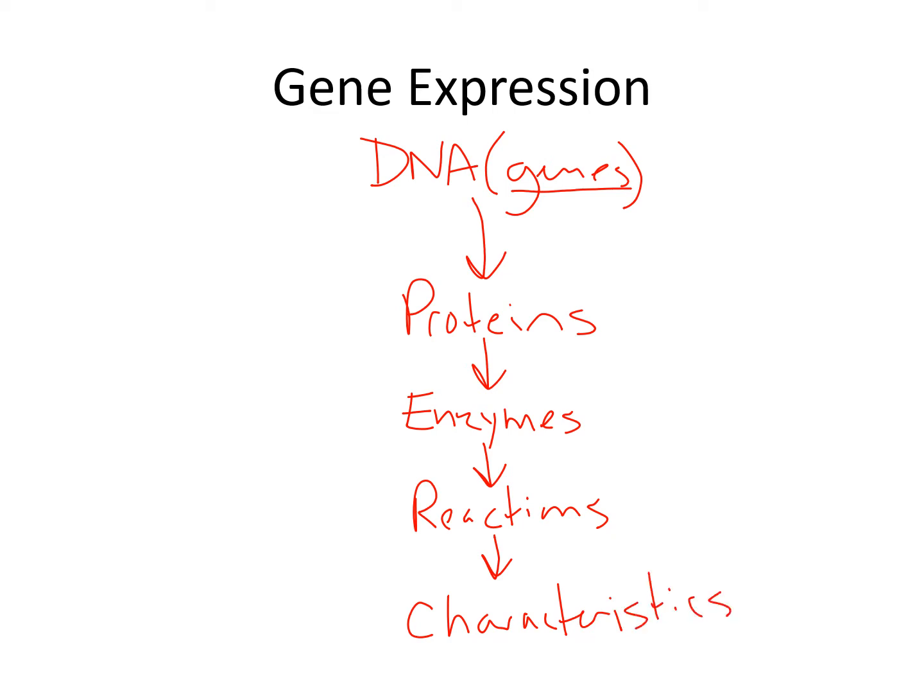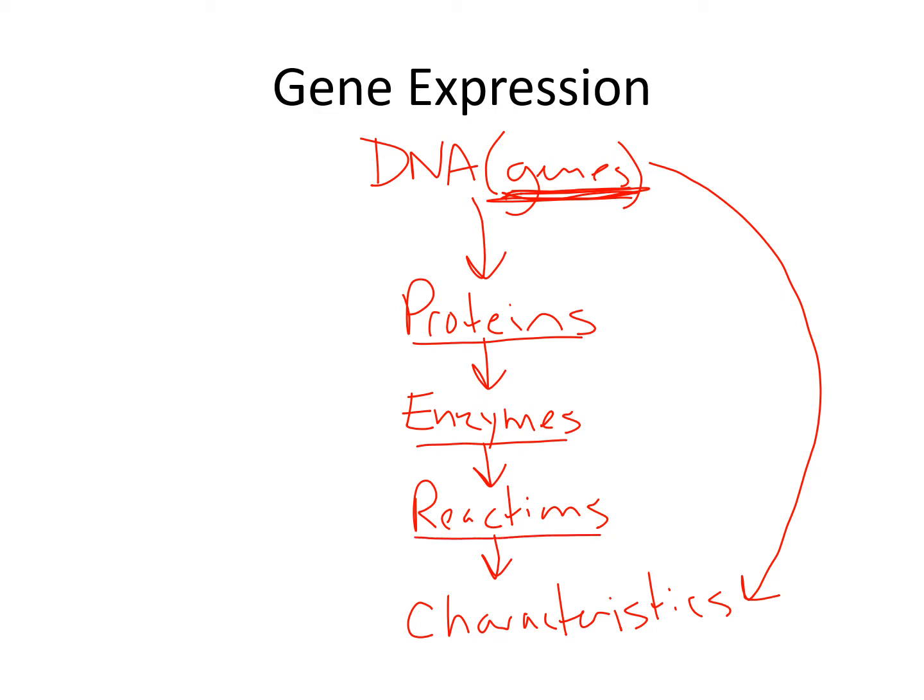So this is the idea behind gene expression, or the central dogma of biology, that the genes that an organism has directly relate to specific characteristics that that organism has. And it's all because the genes, or the vast majority of genes, encode for proteins. And again, most of those proteins are enzymes, which will catalyze different types of biochemical reactions. And it's those reactions which give the cell specific characteristics.